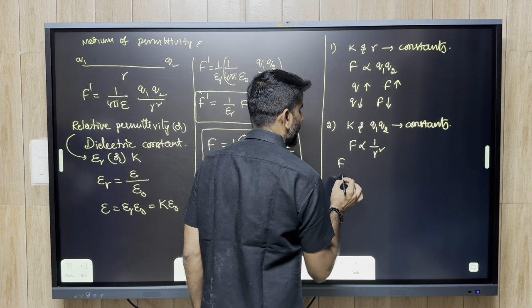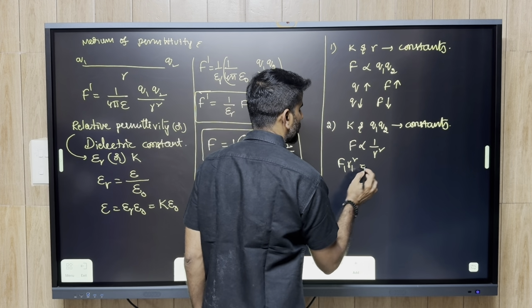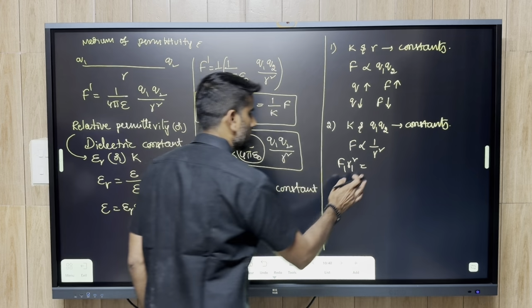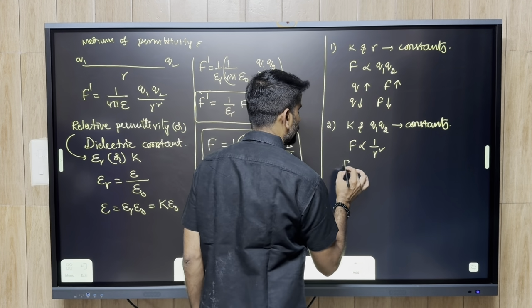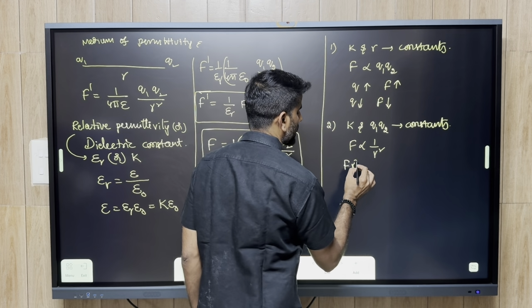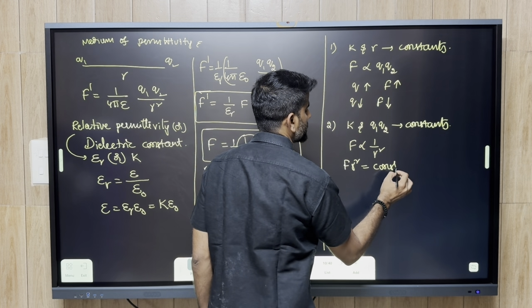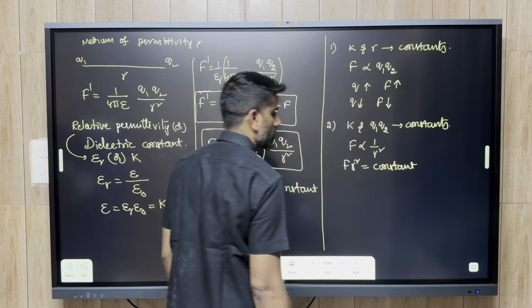So I'm rewriting this: F R square is equal to constant.